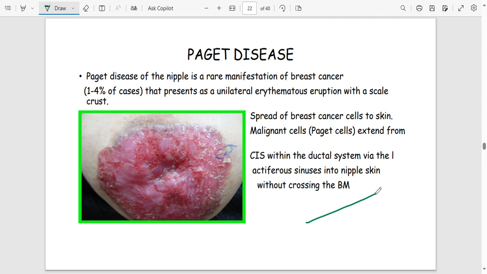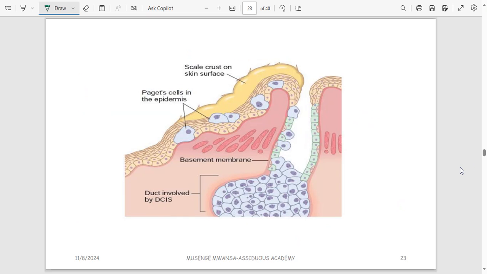It is spreading from the beginning here, and then it ends up showing on the nipple without passing through the ducts, without crossing the basement membrane. You can see these are the ducts involved in ductal carcinoma in situ, and then the cells are going to be going like that. They will not penetrate the basement membrane, they'll end up coming out there.